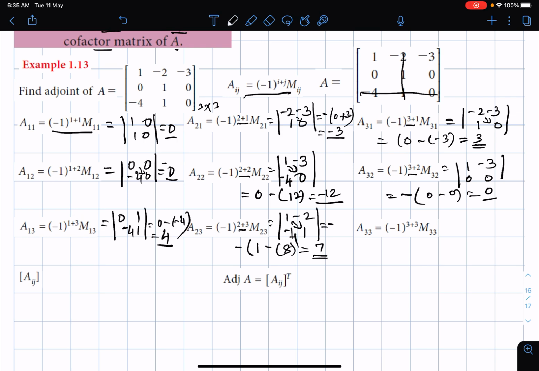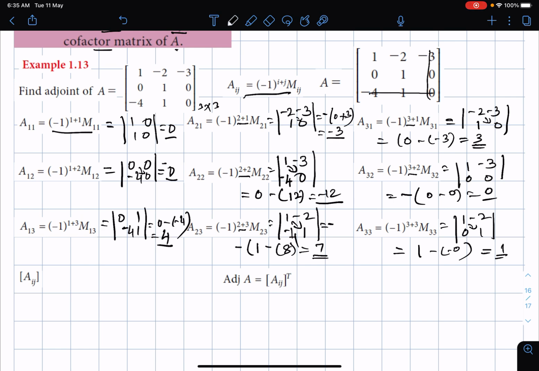Okay, and next coming to A33, the last element in the last column, you cancel out the last row and the last column, and now your determinant is 1, -2, 0, 1. Here it is 3 plus 3, 6, so you get a plus sign, and when you multiply, your answer is going to be 1.